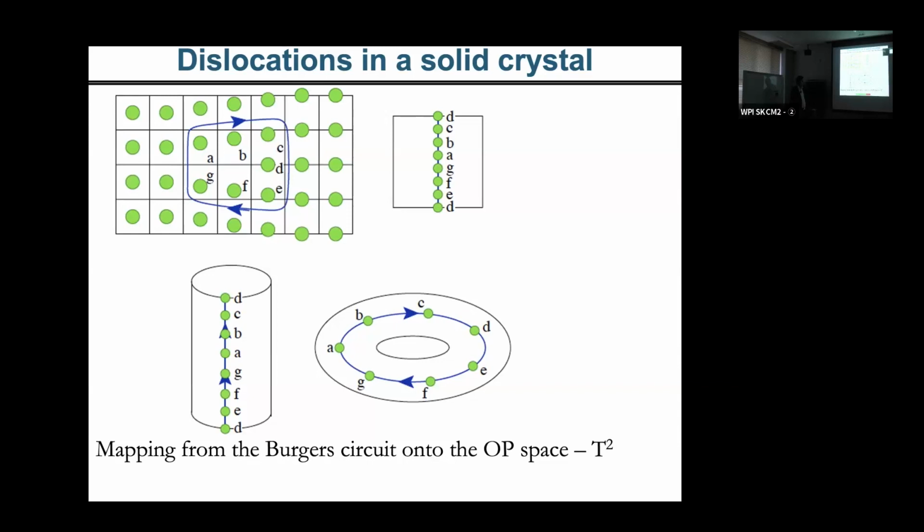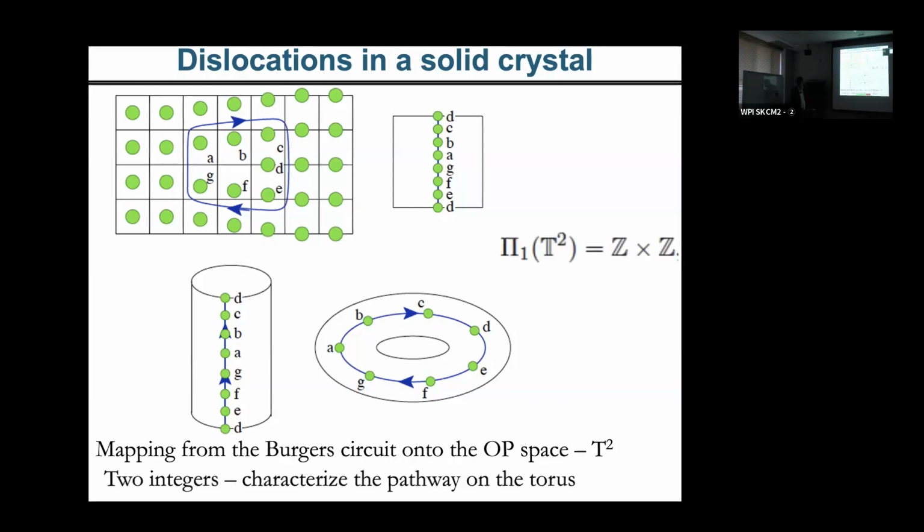In here, as we already discussed, the order parameter space is a torus, and we would need to encircle our singularity, which is this line perpendicular to the screen, by a circle, which in this case is often referred to as Burgers circuit. And then we would do the mapping from that circle to the order parameter space.